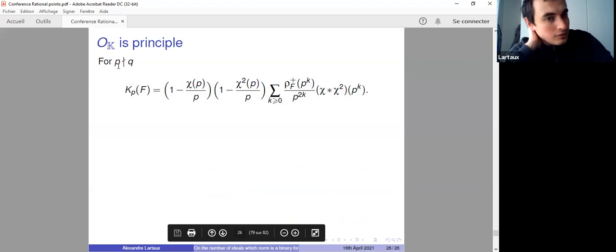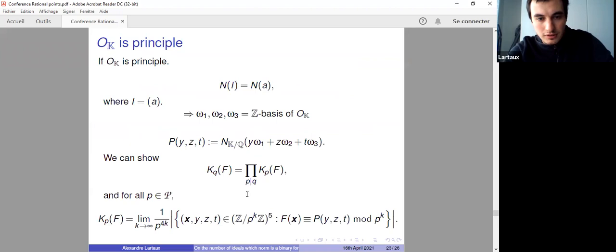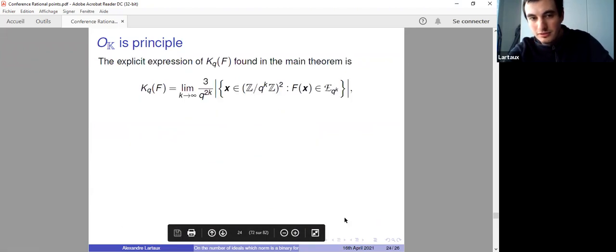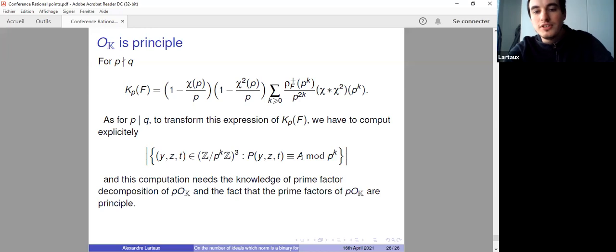Now, what happens when P does not divide Q? In this case, the expression of KP of F is given by this big formula. And as for P dividing Q, to find this equality on KP of F, we have to compute the cardinal of the same set for a generic A, and the computation of this cardinal needs the knowledge of the prime factor decomposition of POK.